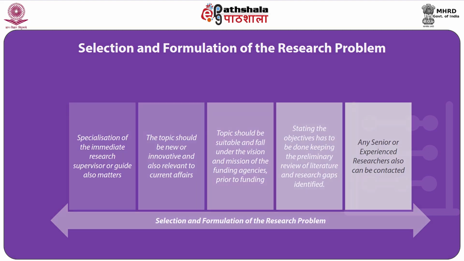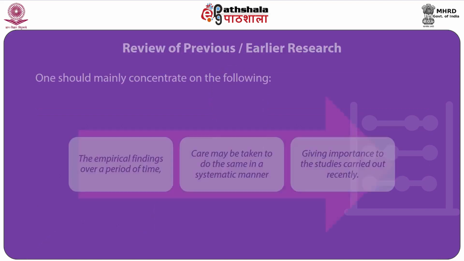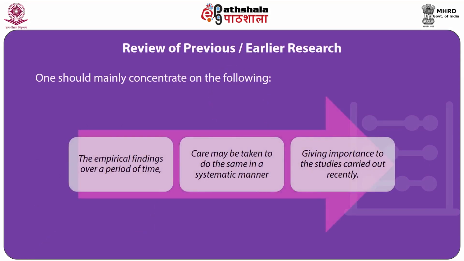The second step in the research process is review of previous or earlier research. After a preliminary review of literature, one should identify the major and minor topics that are part of a selected problem and then do an extensive review of literature pertaining to the same. This would be carefully planned based on the needed level and available resources at hand. While doing a review of earlier literature, one should mainly concentrate on the empirical findings over a period of time.